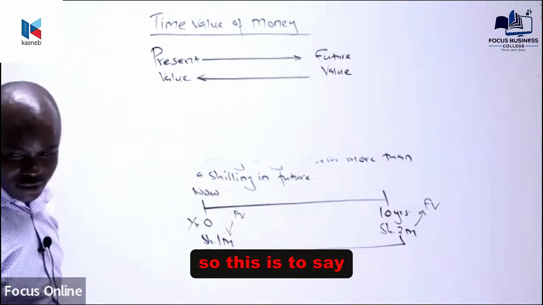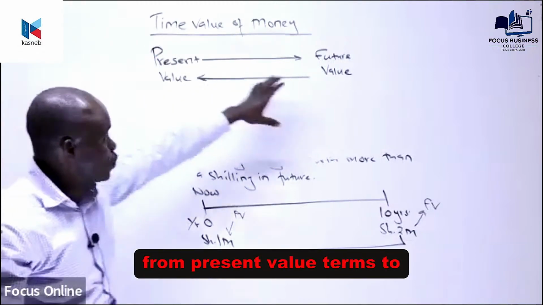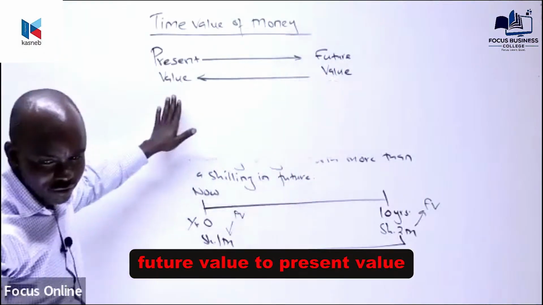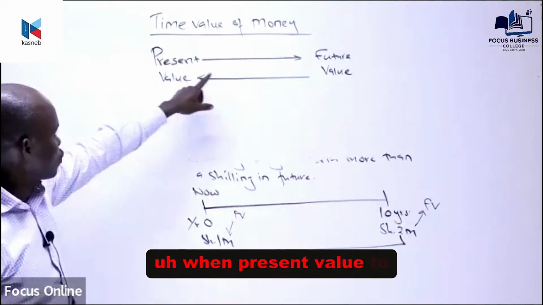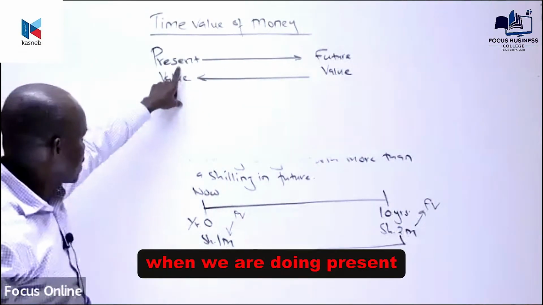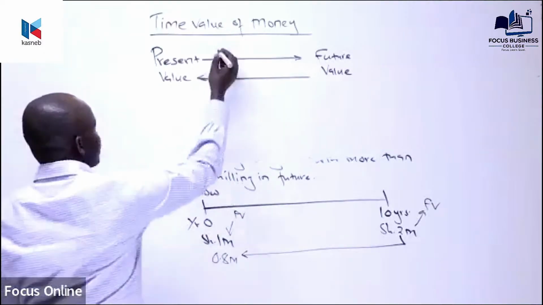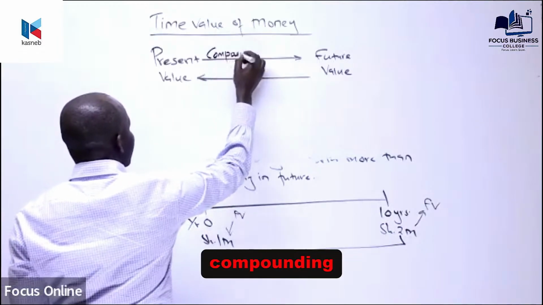This is to say, you can work from present value terms to future value, or you can work from future value to present value. When we are going from present value to future value, we call it compounding. This one you must have done in mathematics, compounding.